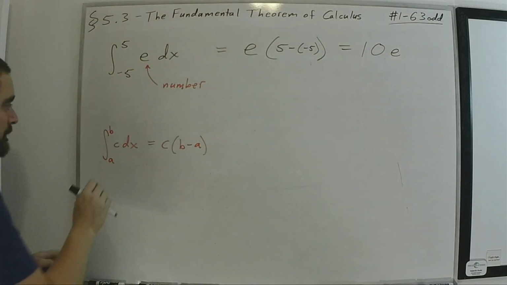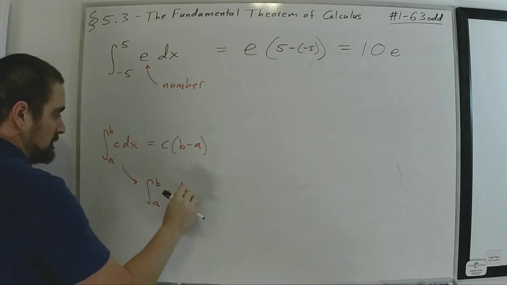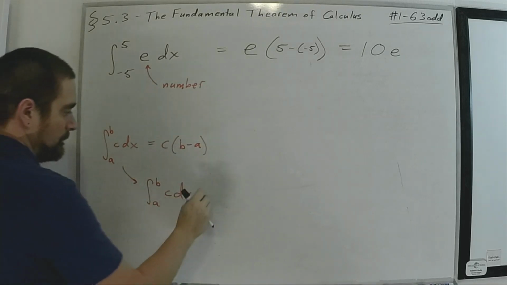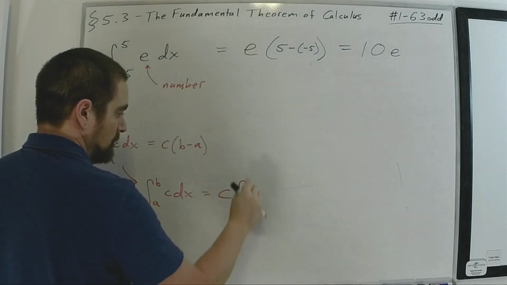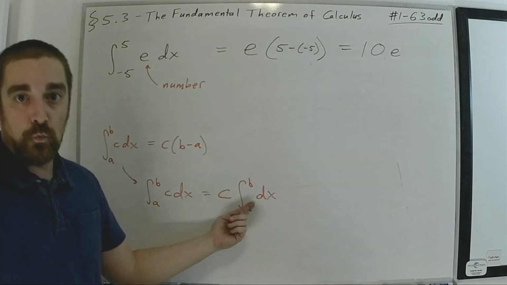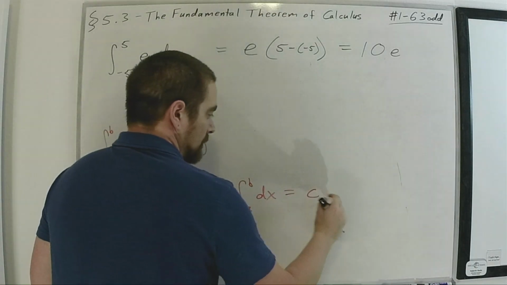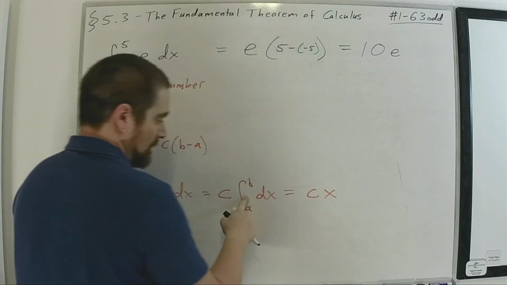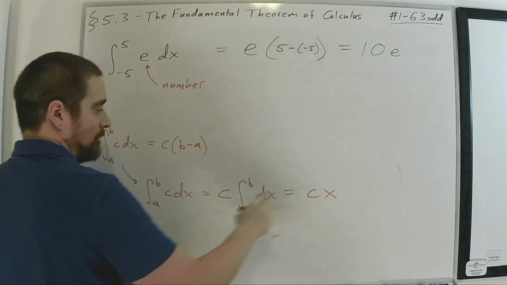So really what we're doing here is we're taking an interval from a to b of just some constant multiple. Since it's a constant multiple, it really has nothing to do with the derivative. I'm basically integrating the number 1. And when I integrate the number 1, I get x back because the derivative of the variable x is 1.